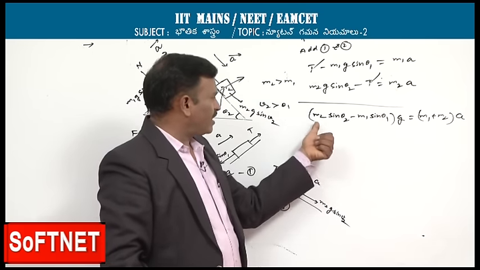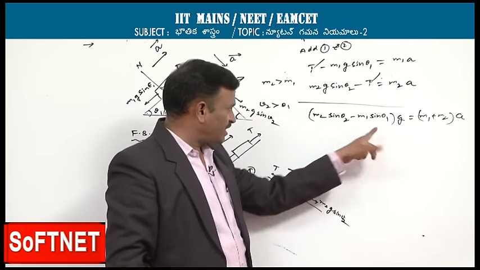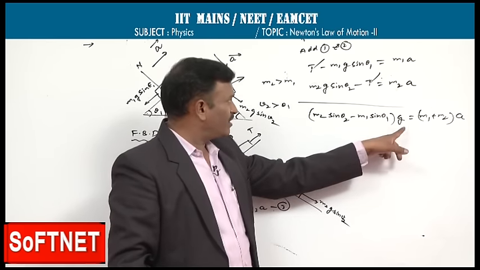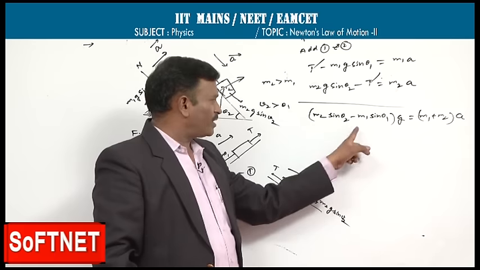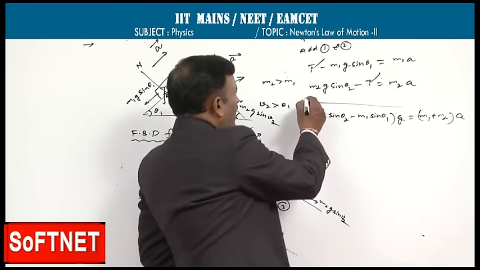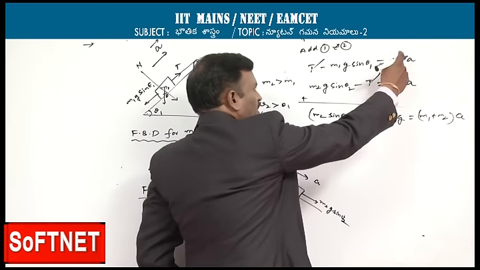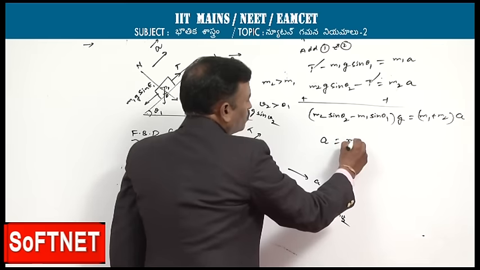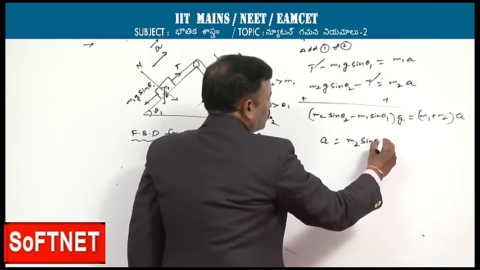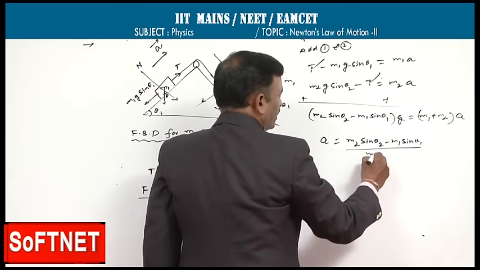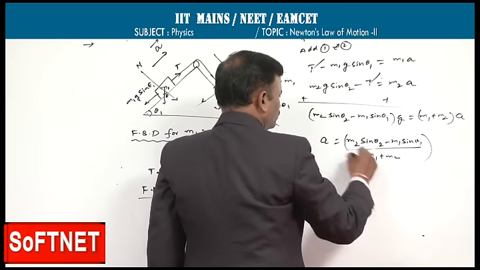In m2g sin theta 2 and m1g sin theta 1, g is common, so I am taking g common. Then m1 plus m2 is common for a. So a is equal to m2 sin theta 2 minus m1 sin theta 1, by m1 plus m2, into g.